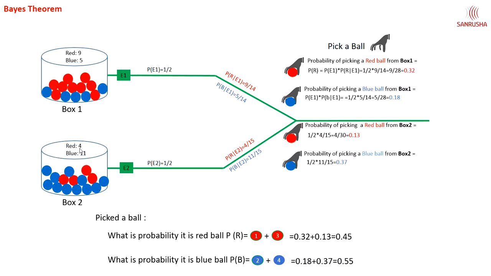There are two boxes, and at a time you can put your hand only in one box, right? So the second event is not dependent on the first event. They are mutually exclusive events. That's why the total probability of picking a red ball from either box would be 0.45, the total of this plus this. Likewise, the total probability of picking a blue ball will be 0.18 plus 0.37, 0.55.